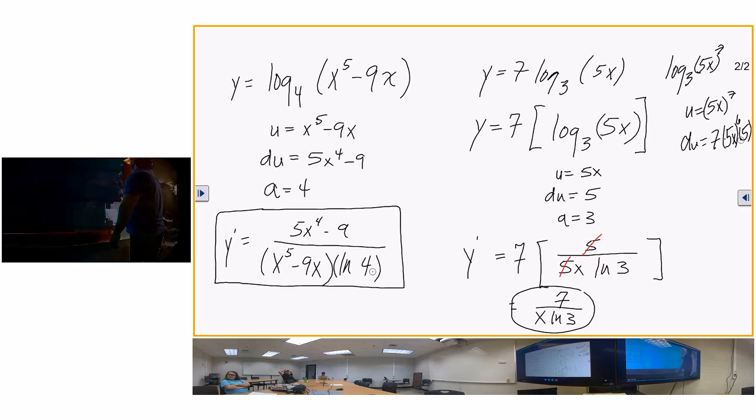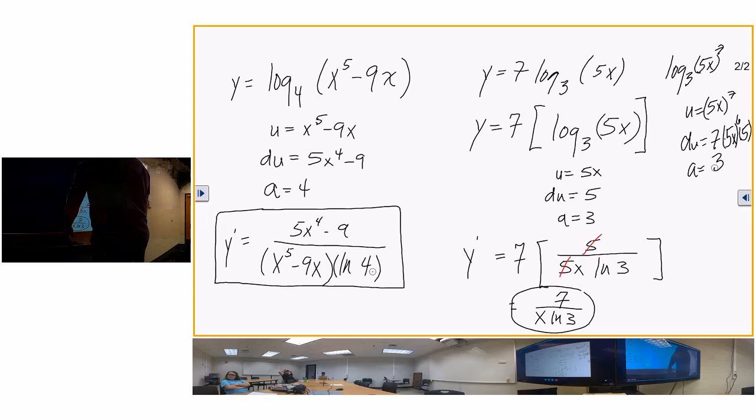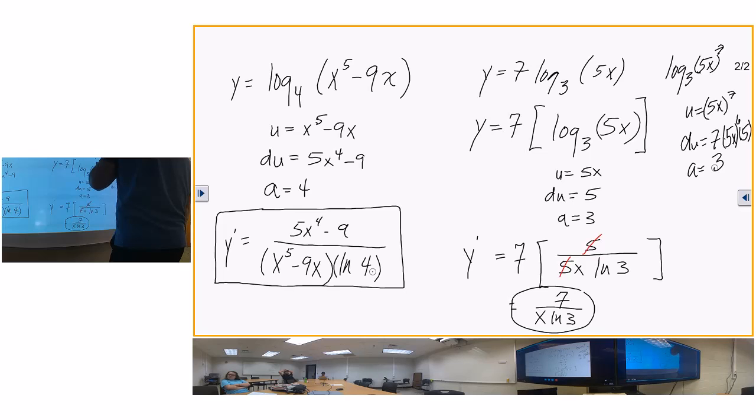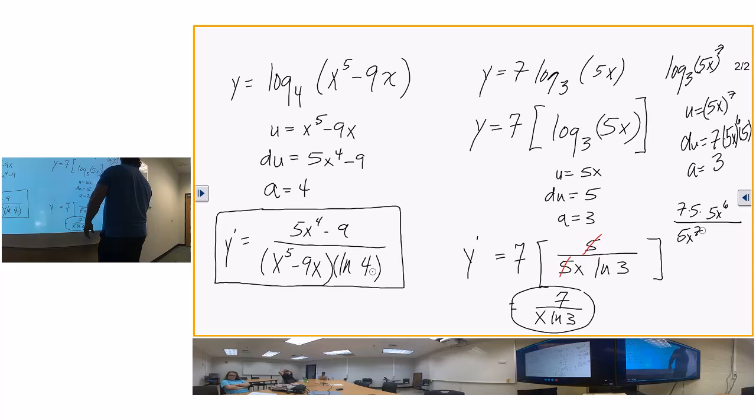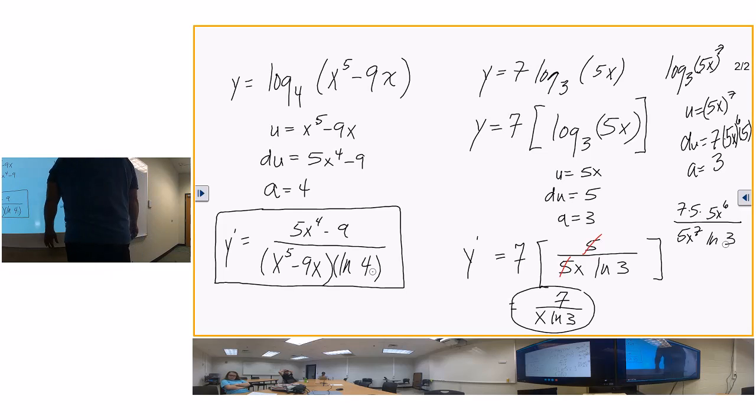And then a is equal to 3. And now you plug everything in. I'm just going to write 7 times 5 times 5x to the 6th over 5x to the 7th times the natural log of 3. I think we're coming up with a 5 short.